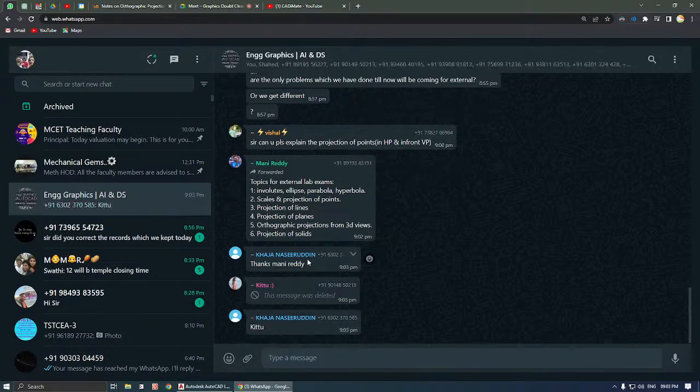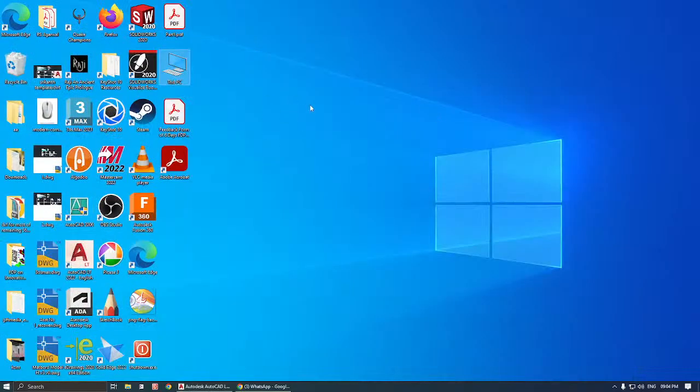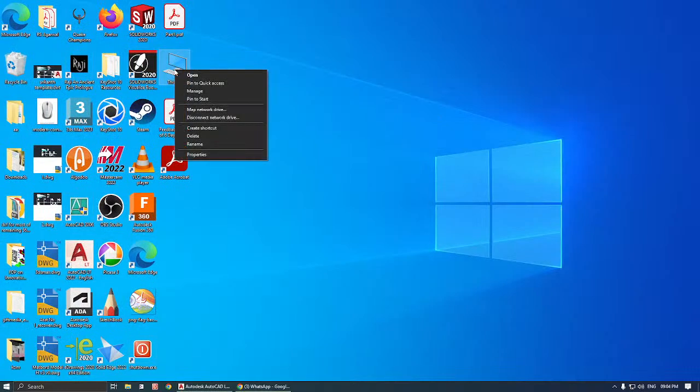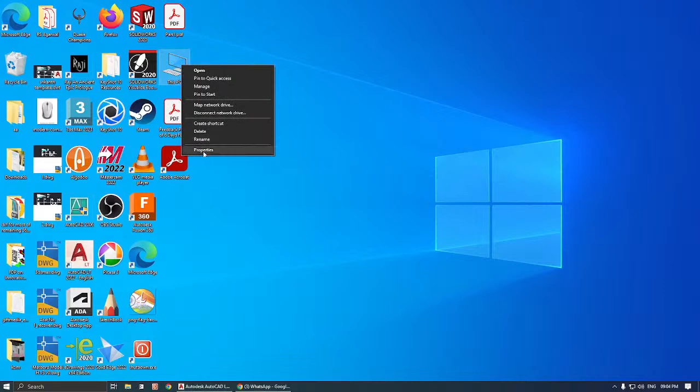Sir, the specifications of the lab computers, sir. Yes, of course. Actually, we don't know the specifications of the lab computer. You can right click on My Computer, and you will get complete specifications. The lab will also have this computer, no? So this PC, right click, go to properties.